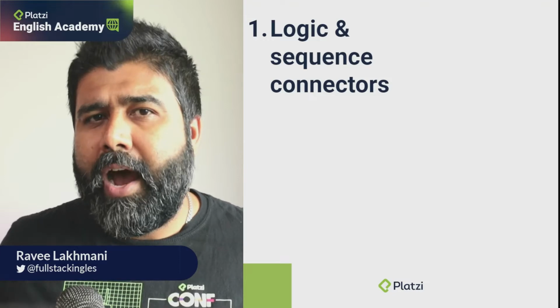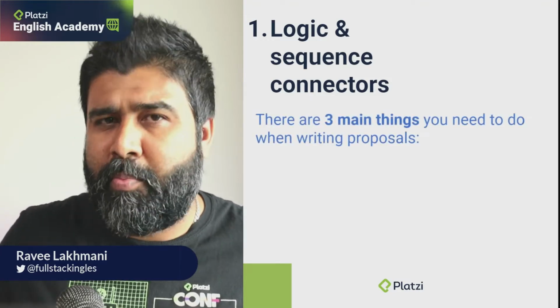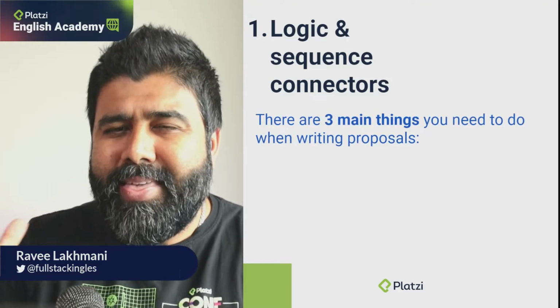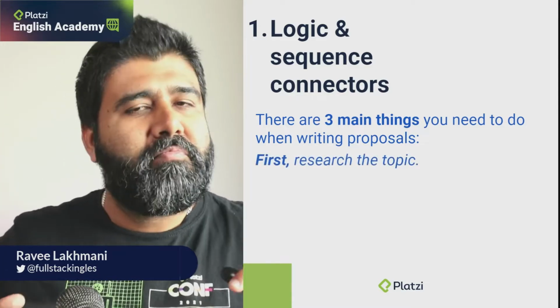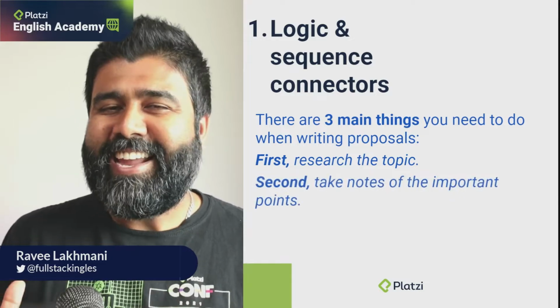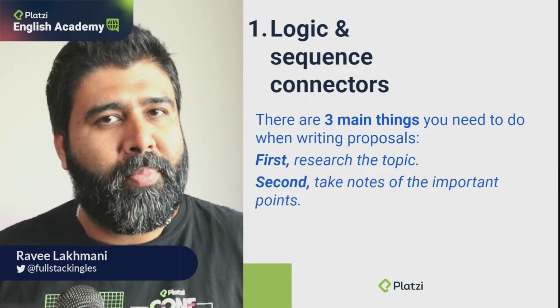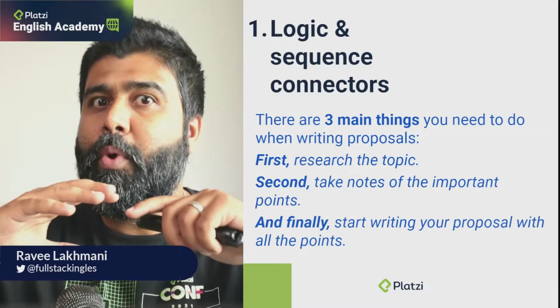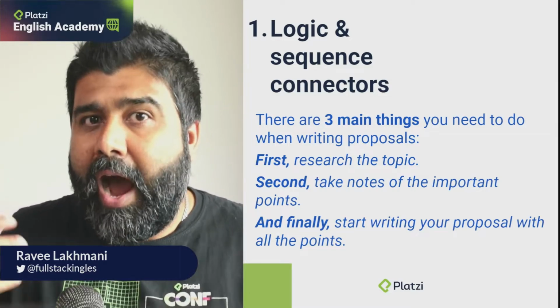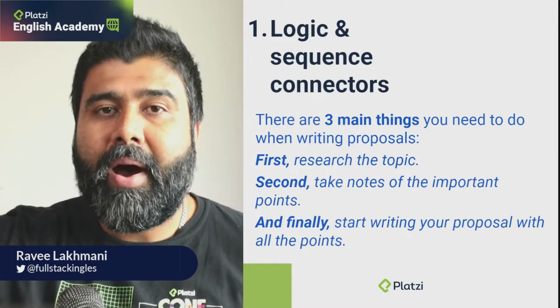So let's say I'm trying to talk about writing proposals. There are three main things you need to do when writing proposals. First, research the topic. Second, take notes of the important points. And finally, start writing your proposal with all the points. You see how I sequenced my answer.